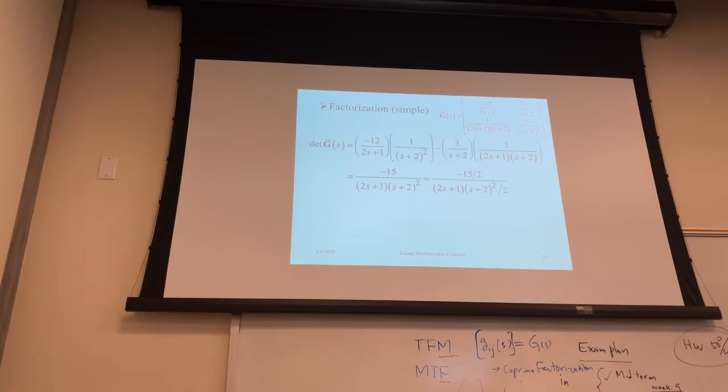So then you end up with this one. This is the determinant, and determinant is what we want. So it becomes n(s) divided by d_G(s). So this is d_G(s), and d_G(s) has something like this.